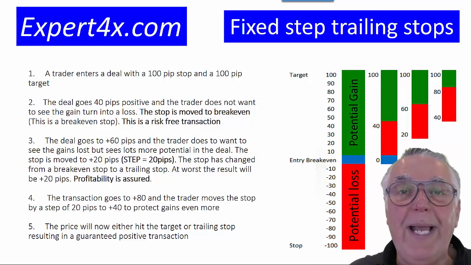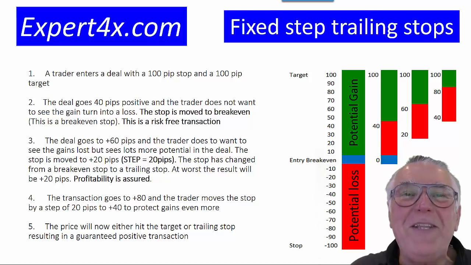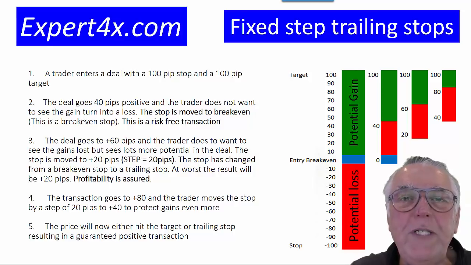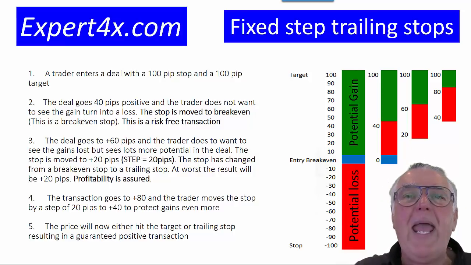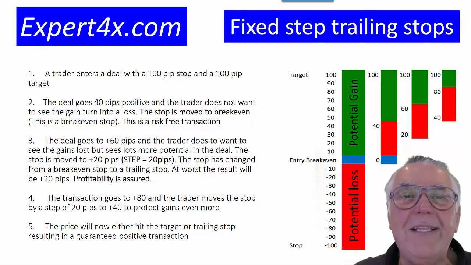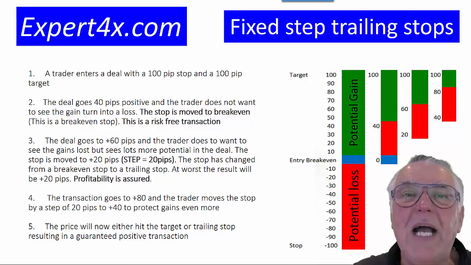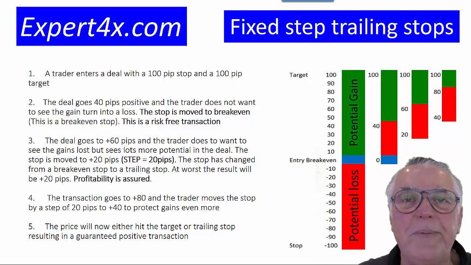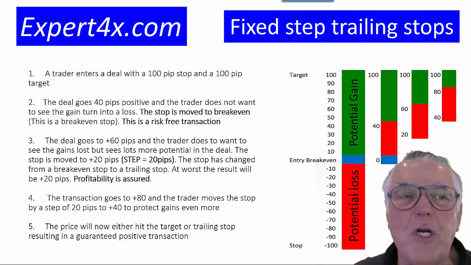If it then moves to 80, the same process, the trader moves the trailing stop up by 20 pips. So 40 pips are being locked in, and the transaction still has 40 pips of freedom to move. At this stage, the transaction is left, and it's either going to hit the target or come back and hit the following stop. So that's one way that trailing stops work.